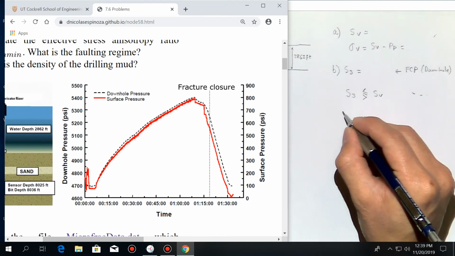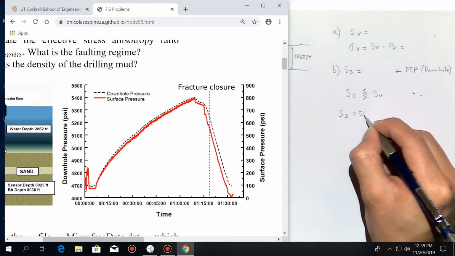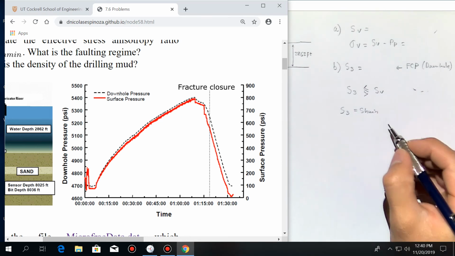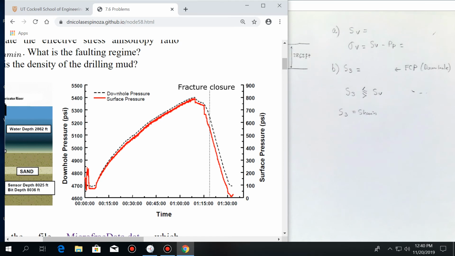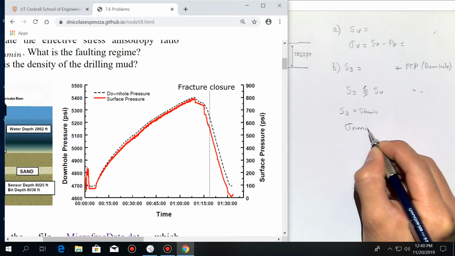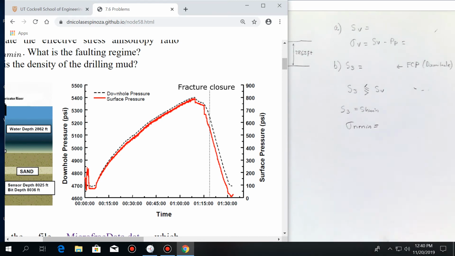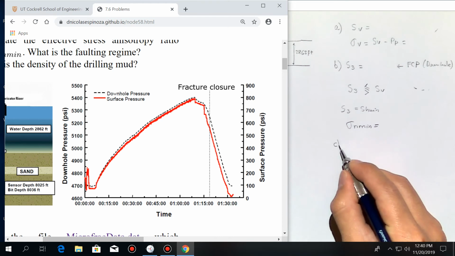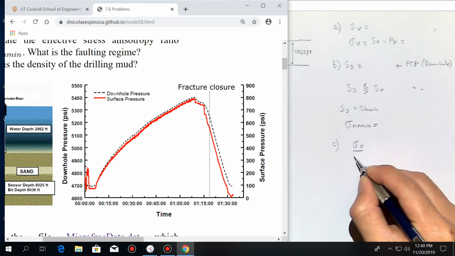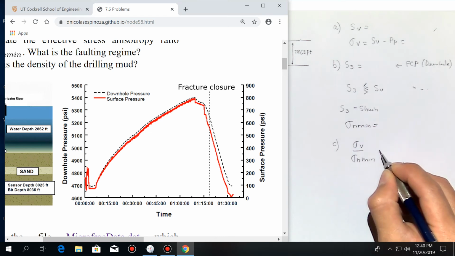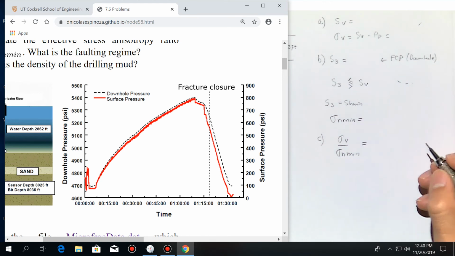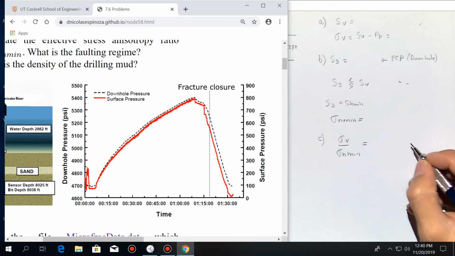So S3 is going to be equal to SH mean. And once you have SH mean, if you know the pore pressure, because I'm telling you that, you're going to be able to calculate sigma H mean. And once you have sigma H mean and sigma V, what I'm asking you is to calculate the ratio of sigma V to sigma H mean, and tell me if this is close to failure or not, and what the stress regime is.